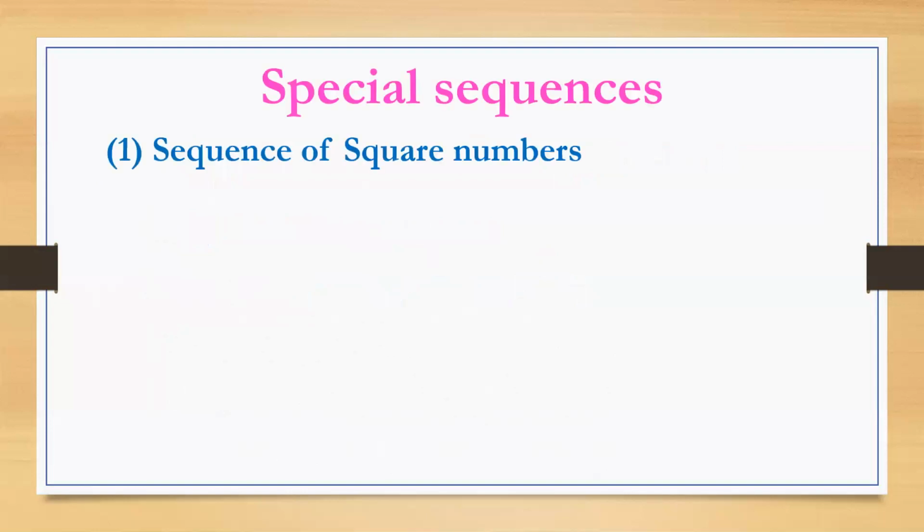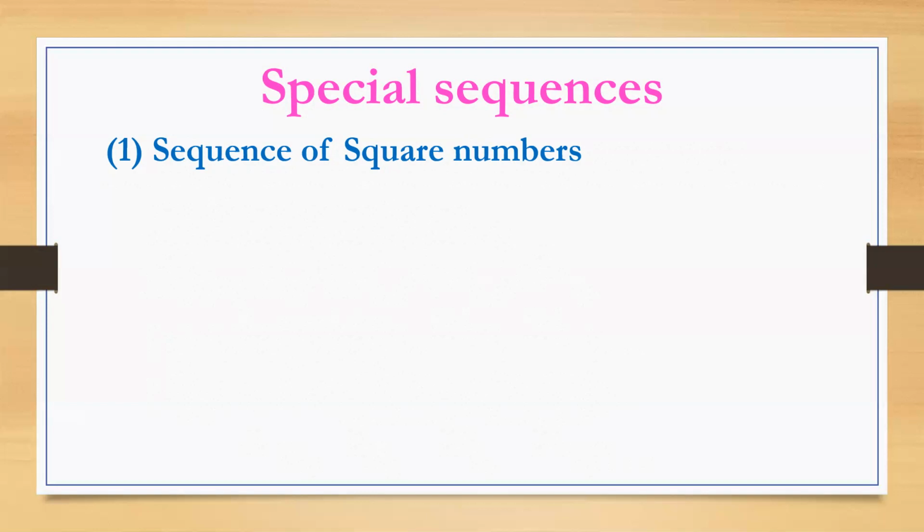We also have some special sequences. The first one is what we call the sequence of square numbers. Do you still remember what is a square number? A number multiplied by itself will give a square number. For example, 6 times 6 equal to 36.